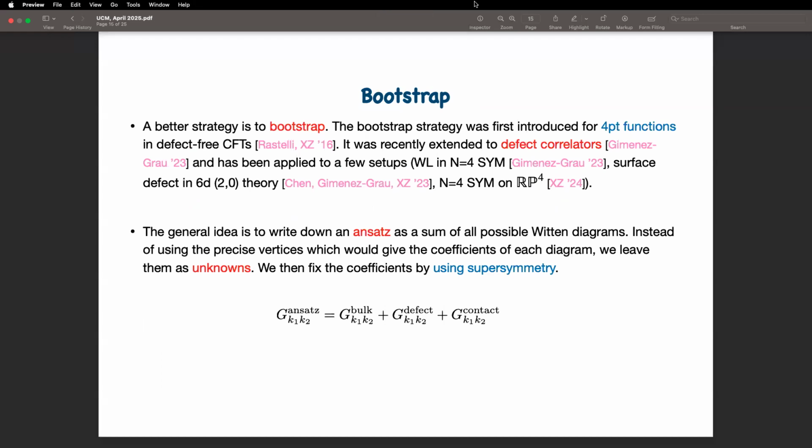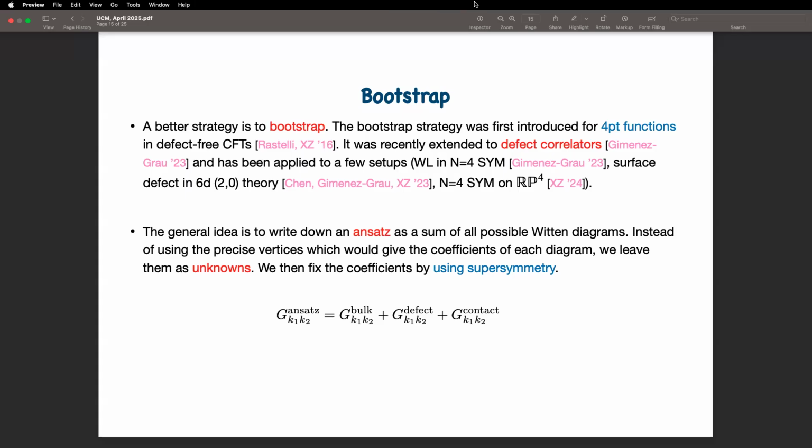This strategy was first introduced for defect-free CFTs, where we look at 4-point functions. And recently, that has been extended to include defects, so a defect with 2 operators inserted away from the defect. And the strategy has been applied to a number of different setups.